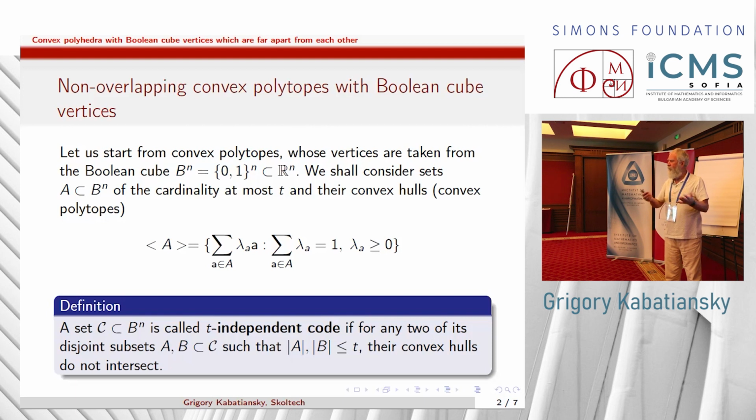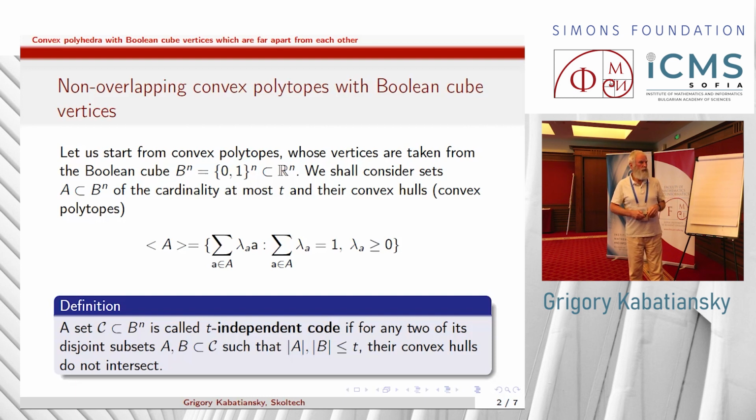So the question is how to construct big sets of binary vectors with the property that any 2t of them are linearly independent. It was a known problem in a funny statement, but I will talk about it later.